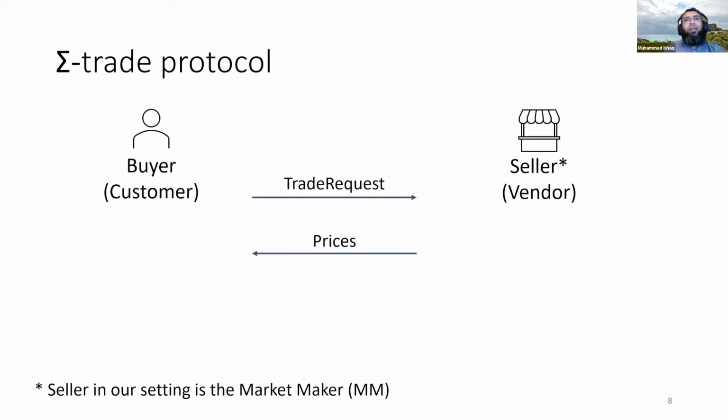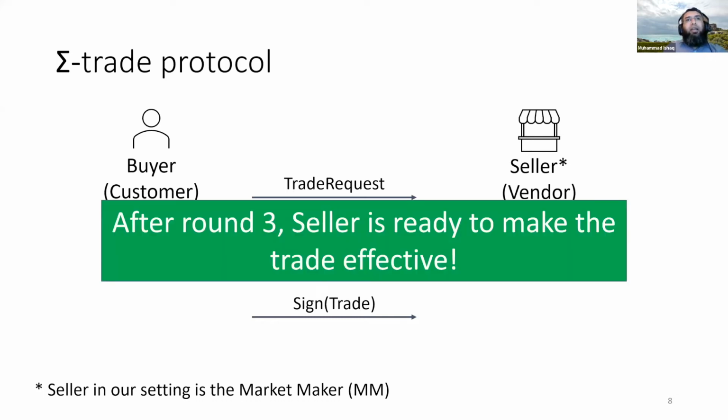In response, it gets some information about the trade, prices or some, and additionally some more information. And if the prices are favorable, the trader or the customer makes a trading decision and signs a trade, sends it to the seller, right? So the seller at this point can make the trade effective.